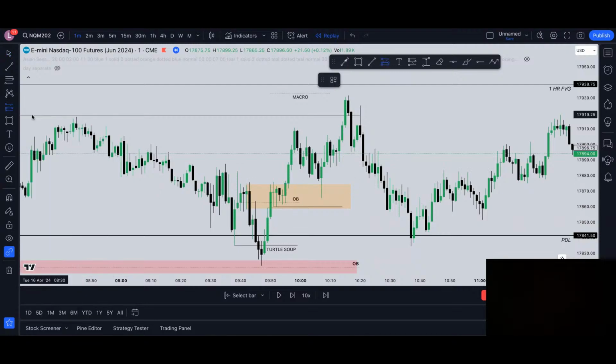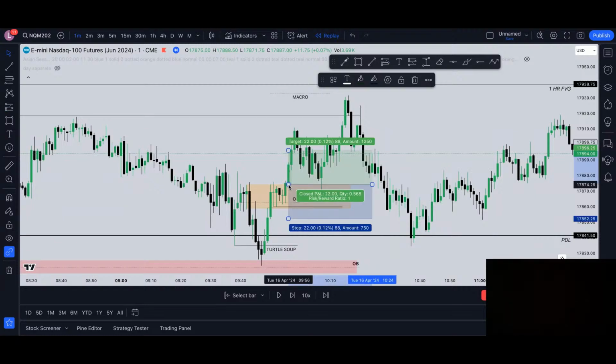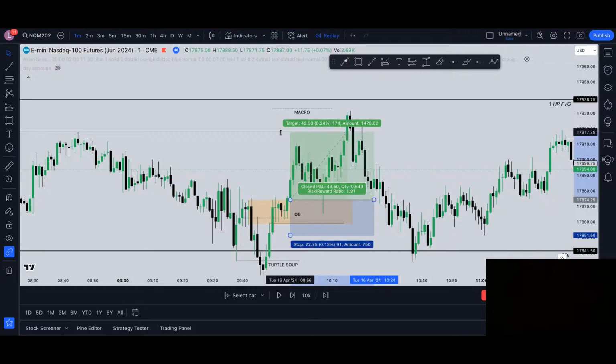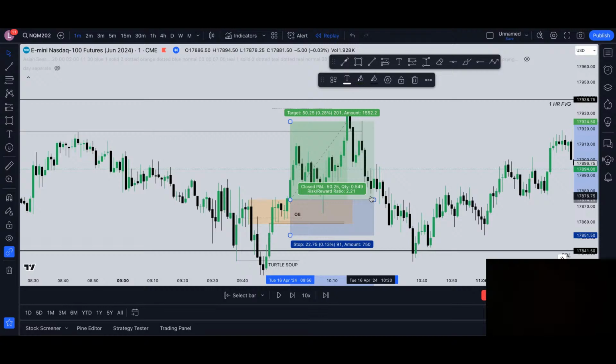But if you take a trade over there, what I will do, I will just keep my stop loss over here below this candle, because price can still come back, mess around on this breaker, and then go to the objective. So I was basically looking for something like this, but I closed my position around 50 handles, I guess.